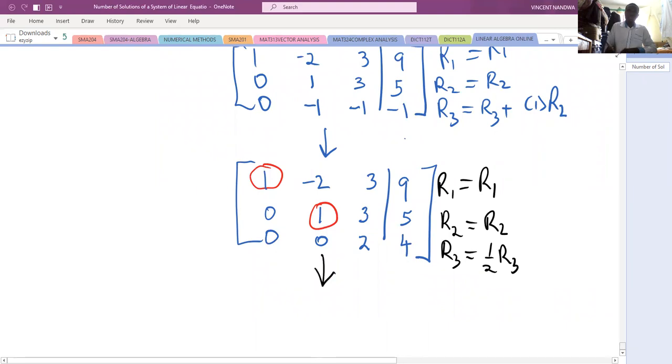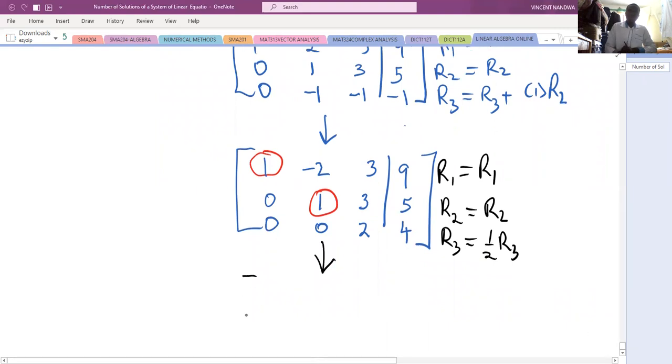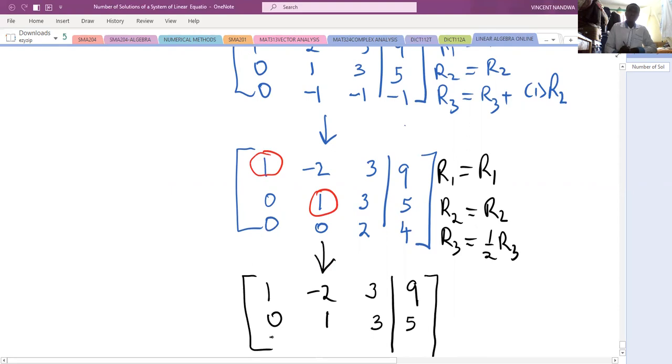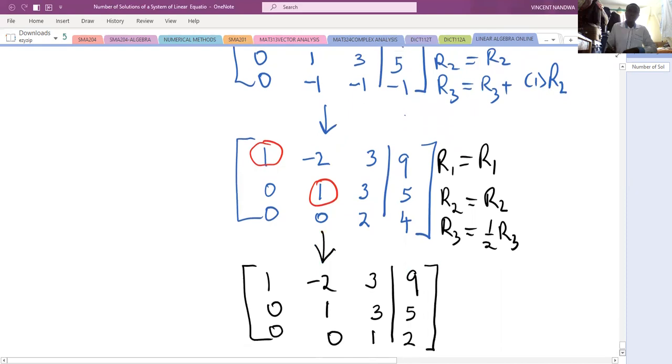That leads to 1, minus 2, 3, 9; 0, 1, 3, 5; 0, 0, 1, a half of 4 is 2.